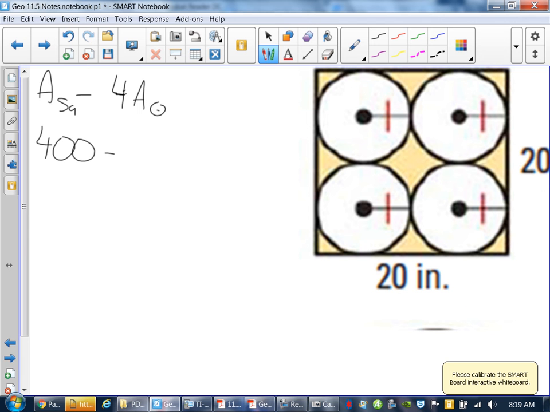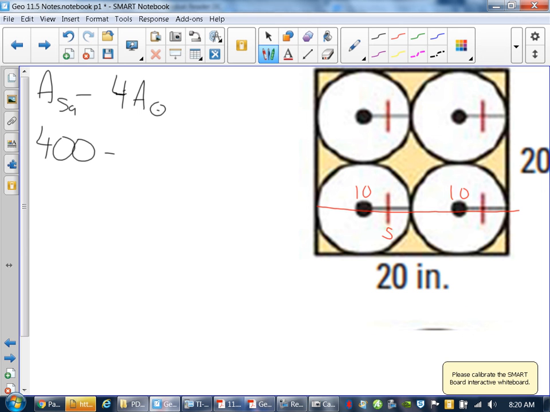So now, what I want you to think of now is that 20 represents how much when you're dealing with circles? It's 2 diameters, exactly. So that 20 represents basically 2 diameters, which makes each diameter 10, which makes the radius 5. There you go.